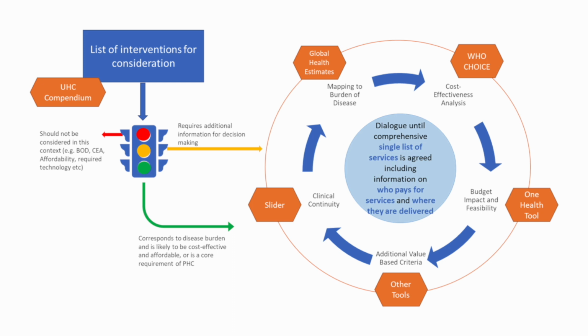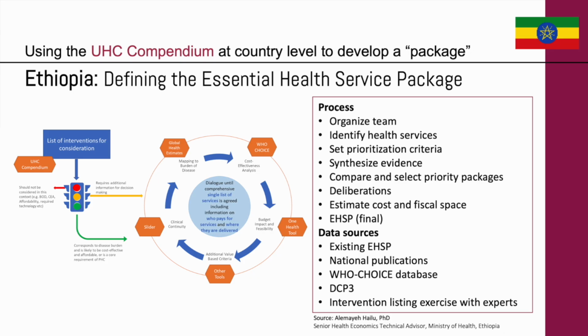Then there are those that probably need more information to establish their effectiveness in order to then include, but then there are those that are greened that have gone through that analysis and should be prioritized. You'll see some of the process and sources of data that Ethiopia has undertaken to arrive at their list of interventions. So it's been done in countries, and we encourage you to do that as well in yours.